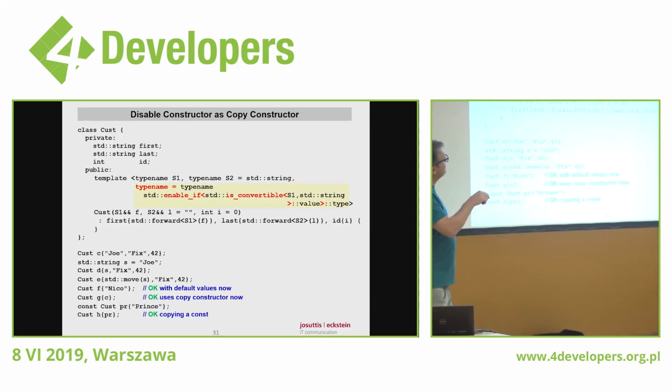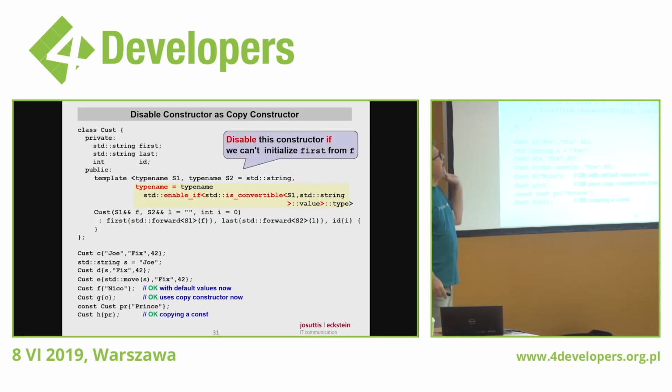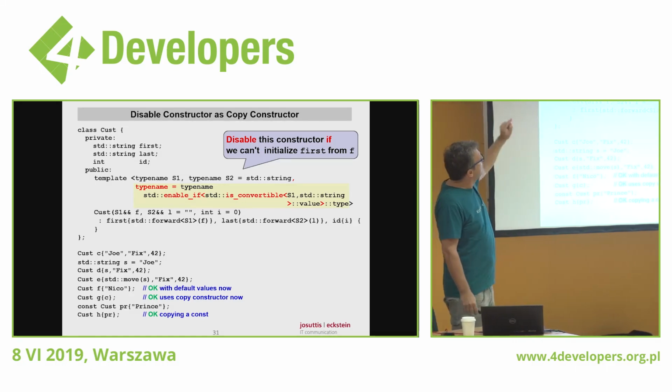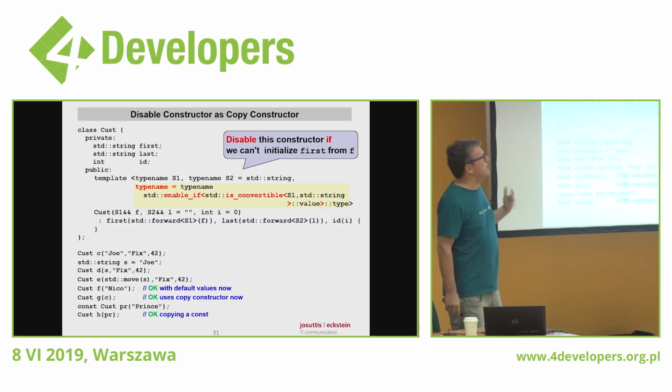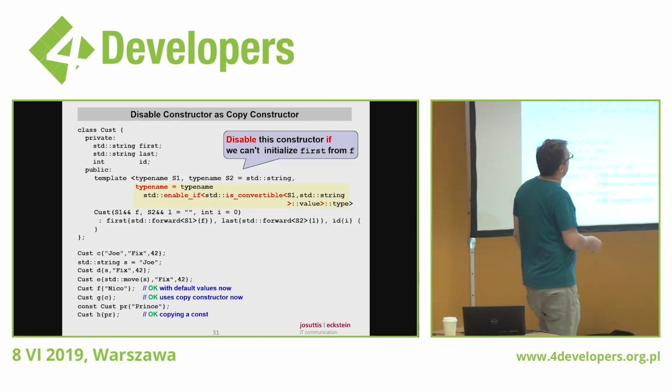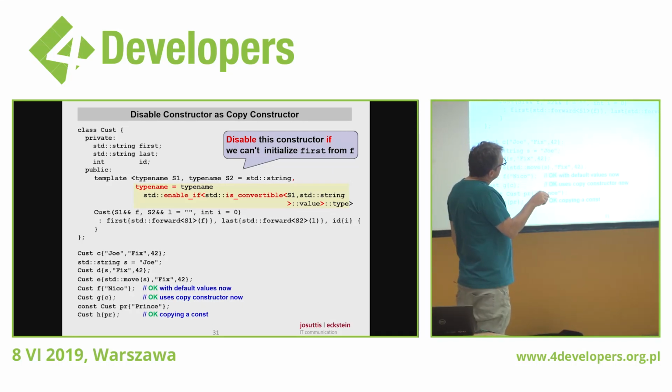So we just have to say here something that says, disable this constructor if we can't initialize the first member from the passed first argument f. And that's the way you program that in C++. You add an additional template argument, which you don't need.